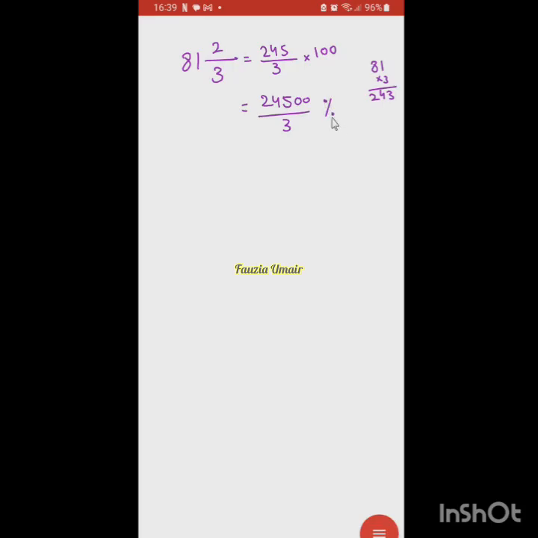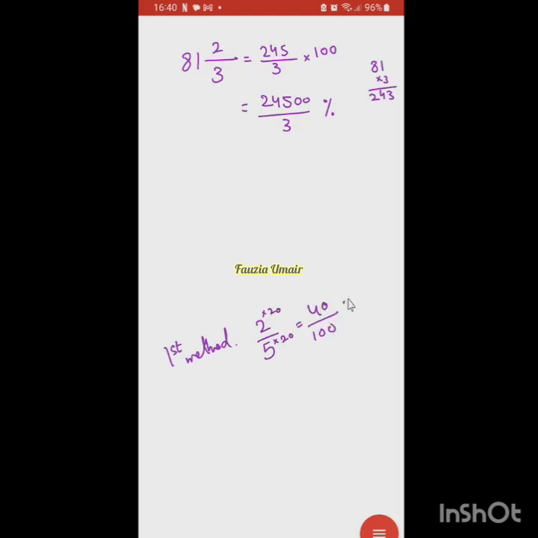How is this percent sign coming? Because I have multiplied it with 100. Ma'am, why do we multiply 100 with 245 only? Isn't this the third method? No, no, no. There are 3 methods. The first method is that if you can make the denominator 100, for example, if it is 2 by 5, I can multiply it with 20 so that my denominator is 100, so 40 by 100.